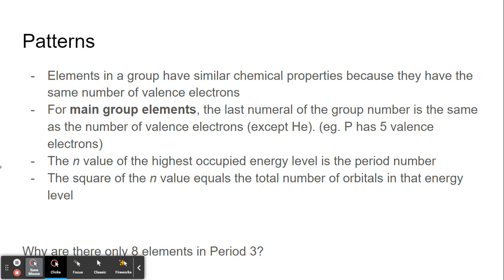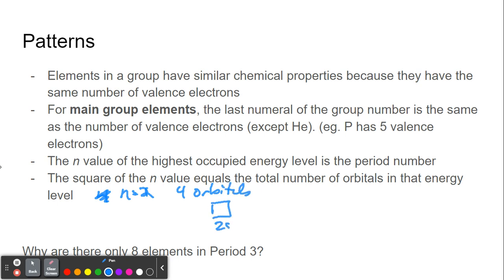So when n is equal to 1, well, 1 squared is 1, so that's 1 orbital. When n is equal to 2, well, 2 squared is 4, that's 4 orbitals.